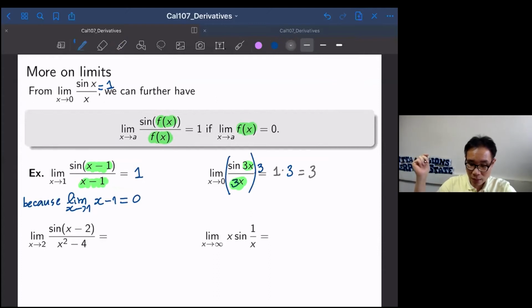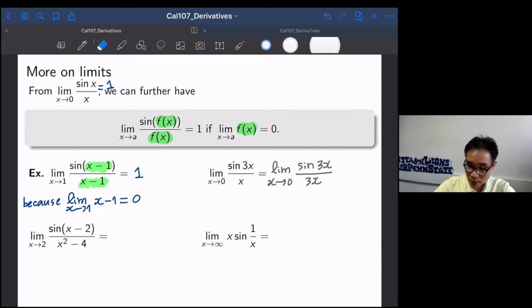Okay, I'm going to rewrite this because I lose the originality here, and I don't want to. So it's going to be limit x goes to 0 of sine 3x over 3x, and you see that I can write this one clearer.